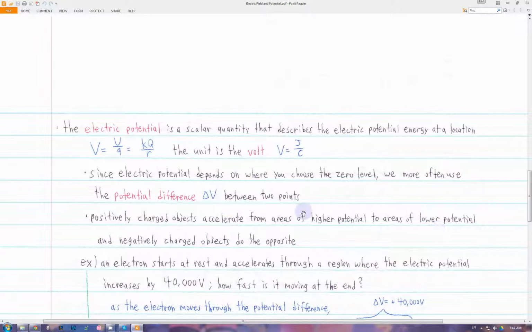Because if an area has a higher potential, that means it's closer to a positive source charge, and we know that positive charges will repel. And negatively charged objects do the opposite. They like to go from low potential areas to high potential areas, because they're attracted to those positive source charges.